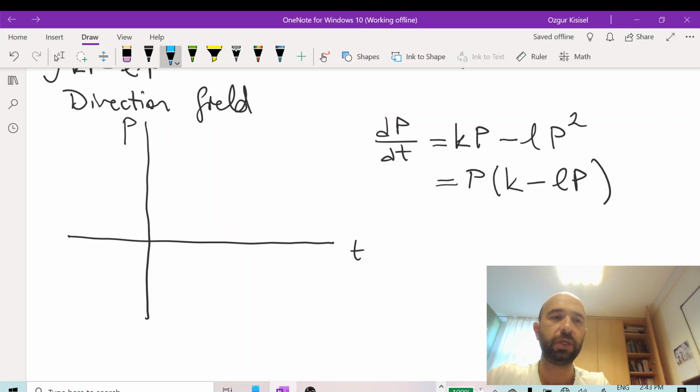For instance, for p equals 0, this right-hand side is going to give 0, and 0 means horizontal line segments. So I have horizontal line segments at 0. Likewise, at p equals k over L, some positive number, which I don't know, but somewhere here, the slopes are again 0.